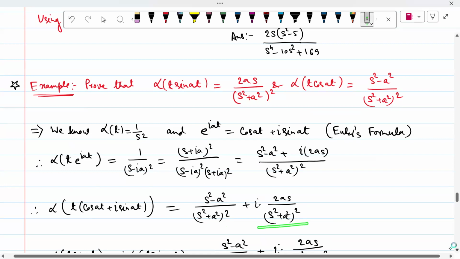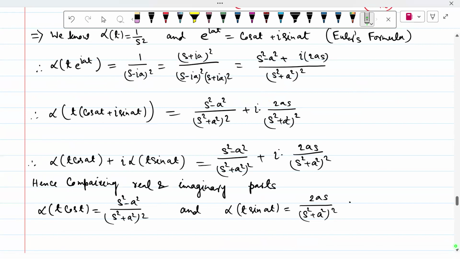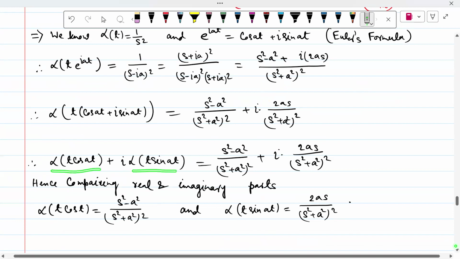Using the linearity property, you can break it like the Laplace transform of t cos at plus i times the Laplace transform of t sin at. So here this is the real part, this is the imaginary part, and on the other side this is the real part and this is the imaginary part.